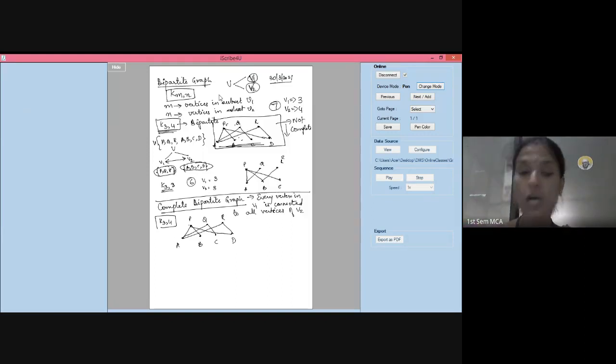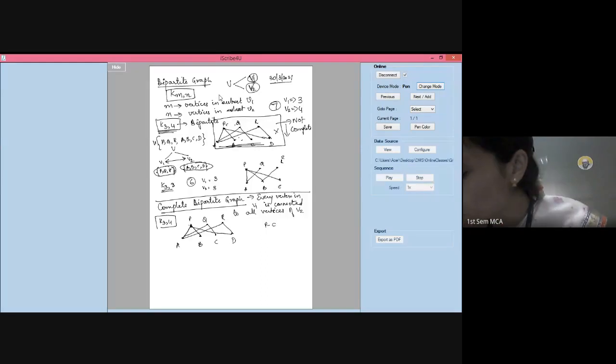I said this is not complete because every vertex in V1 is not connected to all the vertices of V2. For example, look at P. We have PA, we have PB, but we don't have PC. Edge PC is not there in this graph, which is why the above one is not a complete bipartite graph.